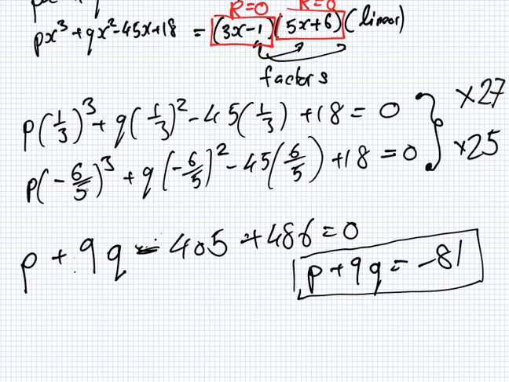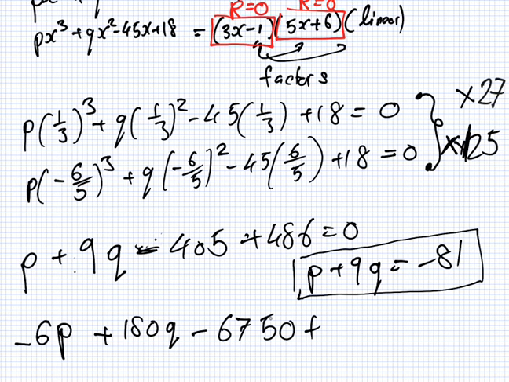And then this one here, and this is not 25, what should it be? 125. 5 cubed. So that would be minus 6p. No, this will be 36 times 5, because of the 25. So that would be plus 180q, and then 6 divided by 5 times 45 times 125. So this will be a huge number. And then this one at the back is also huge.